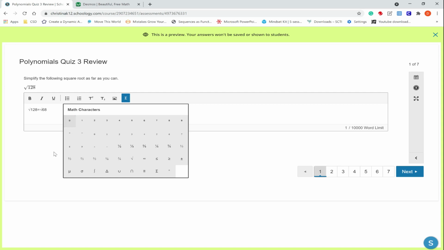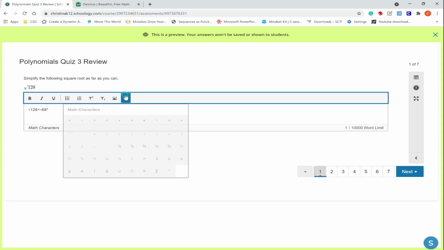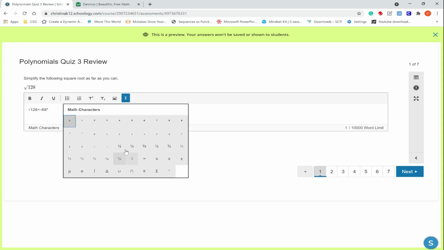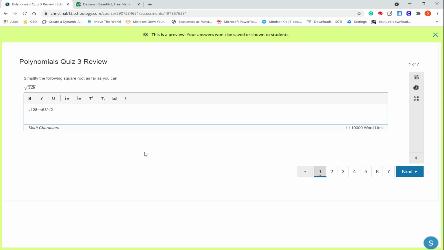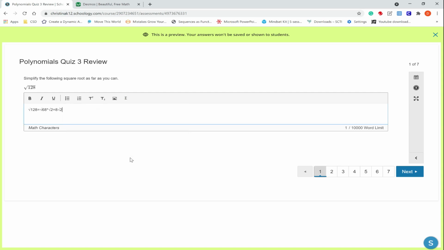There isn't a times button, so you can just use the asterisk for times. That equals 8 root 2, and we're done.